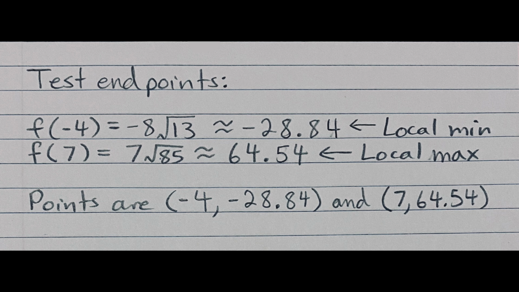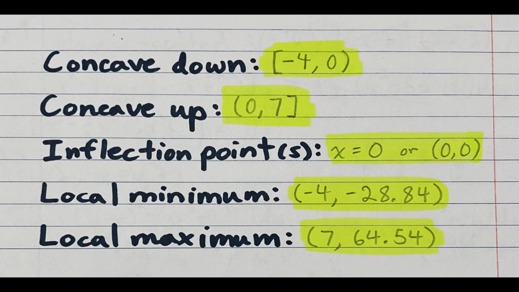And then at x equals 7, we have a local maximum, because the y value is a positive number, 64.54. And if we want to write them as points, we can just write (-4, -28.84) and (7, 64.54). So now we have all our answers to the question.